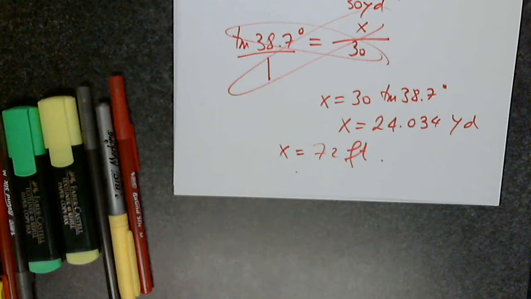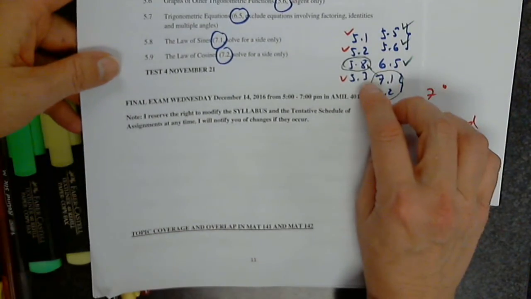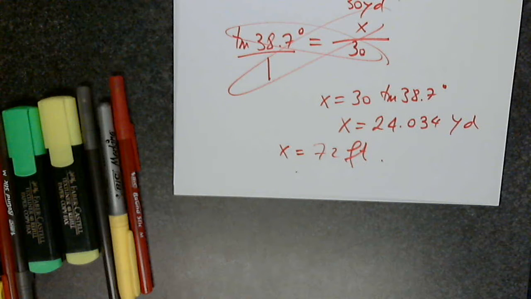Chapter 6. In Chapter 6, we only looked at, looking back at my syllabus, 5.1, 5.2, 5.8, 5.3, 5.5, 5.6, and 6.5, just 6.5. Very good.